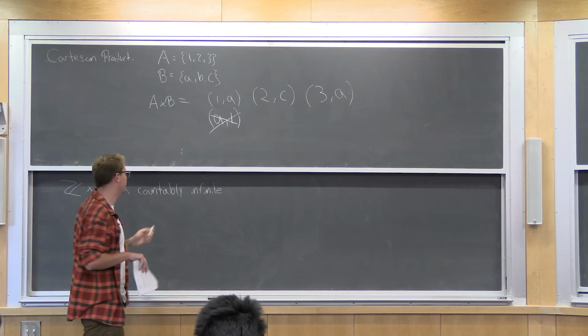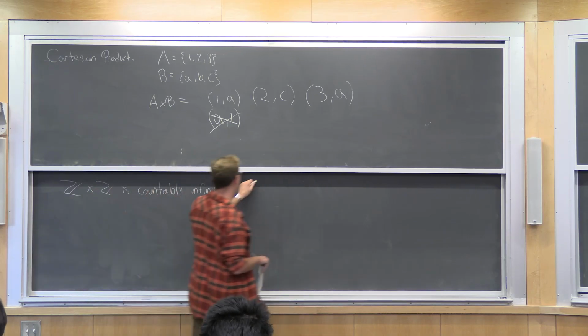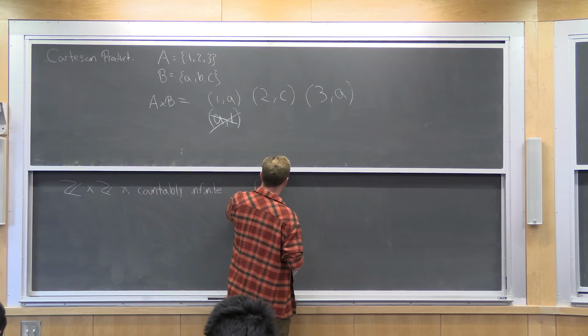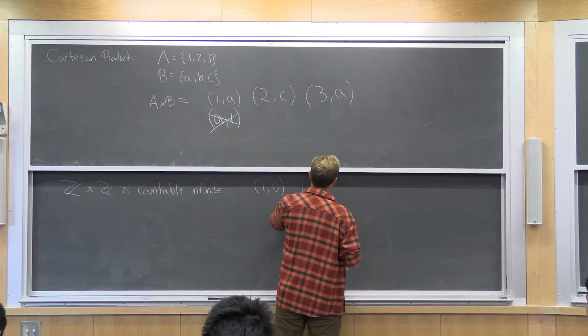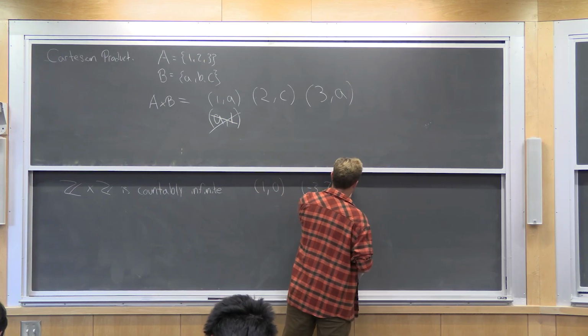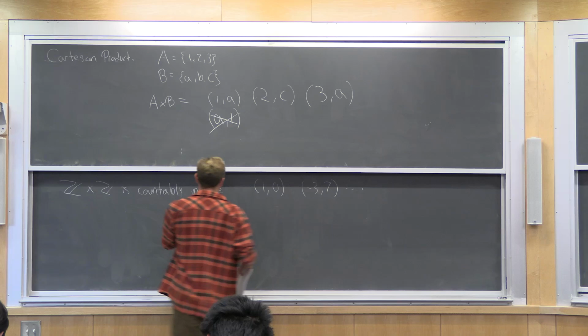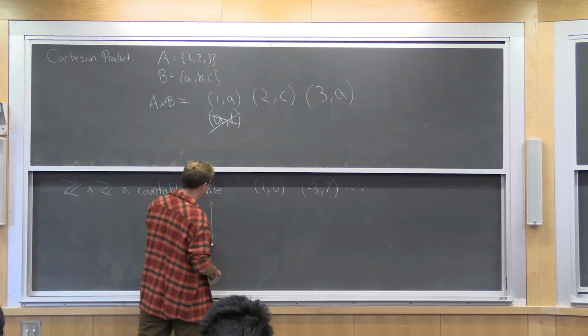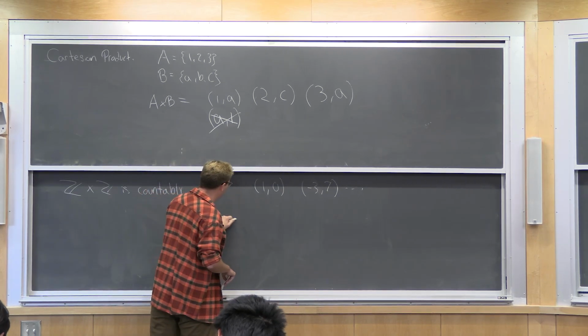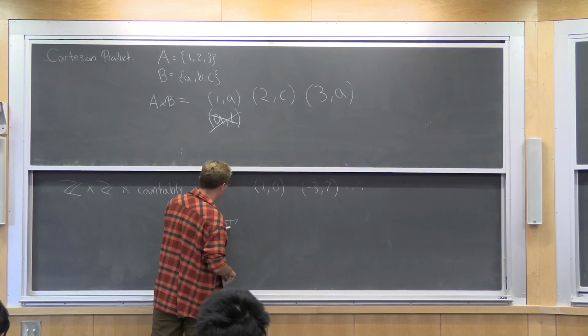Z cross Z is your ordered pairs of integers. So, for example, 1, 0, or -3, 7, whatever. We can draw this out in a coordinate plane.